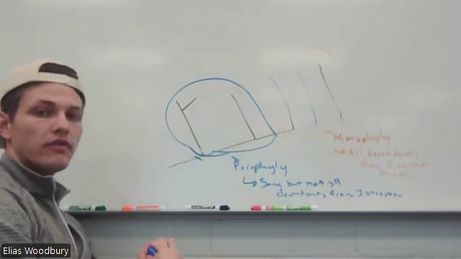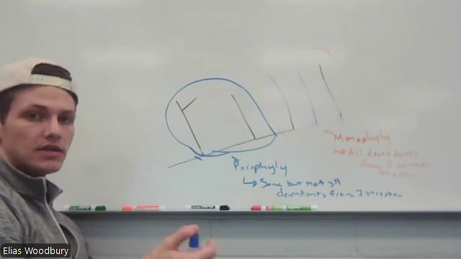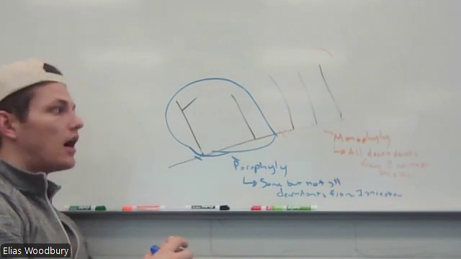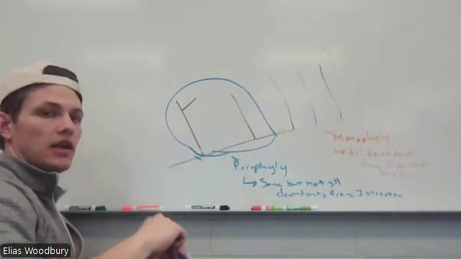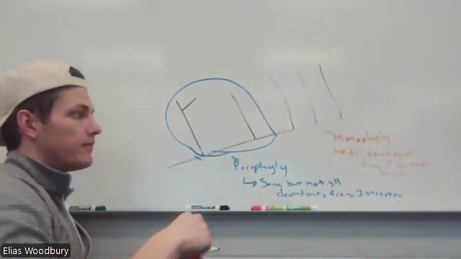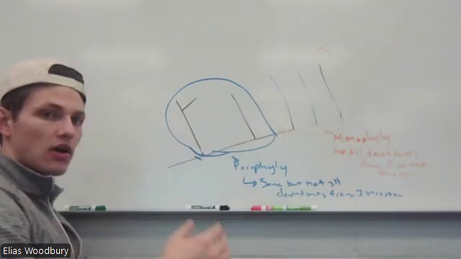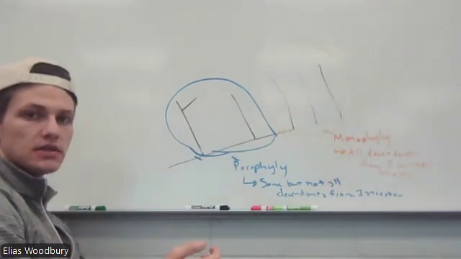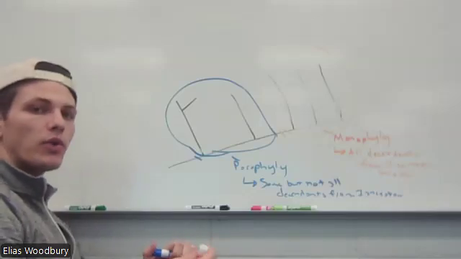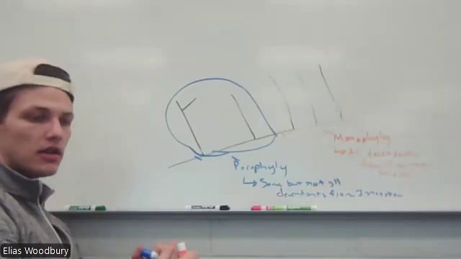And therefore that's a paraphyly because I have some, but not all of my descendants, right? And so if I circled these two right here, that would be a paraphyly. If I circled all of them, that would be a monophyly because all of them come from a single ancestor. That's where the root is, if that makes sense. So you can kind of see how we do that. There's lots of different ways to create a clade.